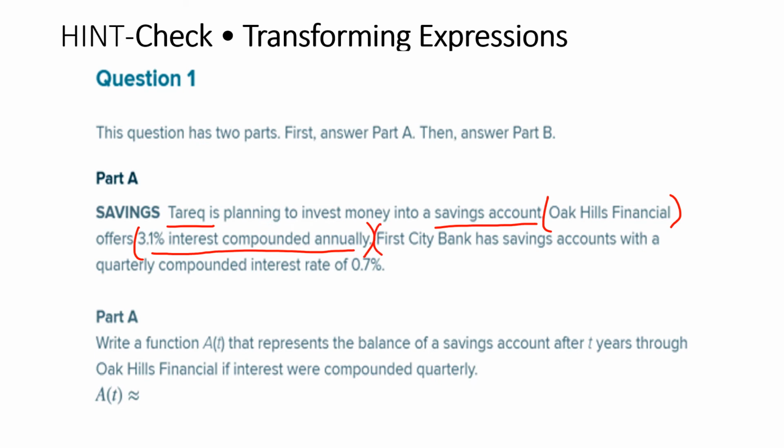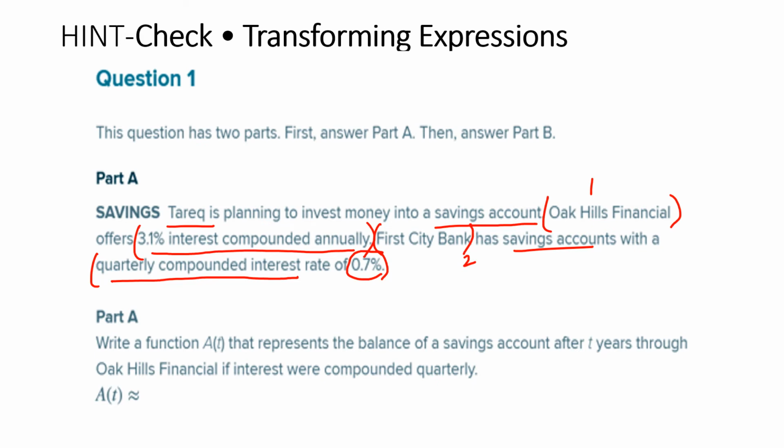And the second bank, so I'll just number 1 and 2 here, because eventually as we proceed, we have to compare these two banks in terms of the rate of interest that they offer. So for First City Bank, the savings account which he's going to open, they do the interest calculation quarterly, and the rate of interest is 0.7%.